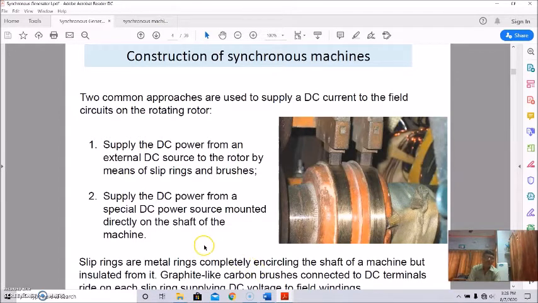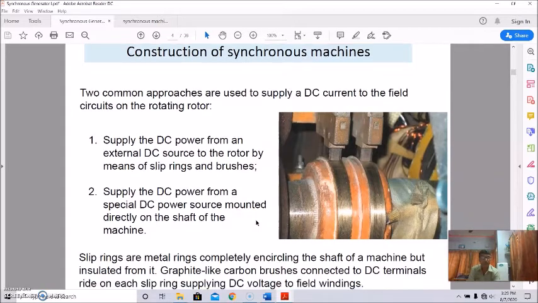So in a broader aspect, mainly two common approaches are used. First, supply of DC power from an external DC source. Basically, these are the brushes, these are the slip rings, and the power goes to the rotor by means of slip rings and brushes. Second, supply of DC power from a special DC power source mounted directly on the shaft of the machine.